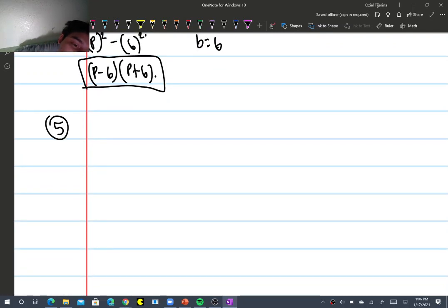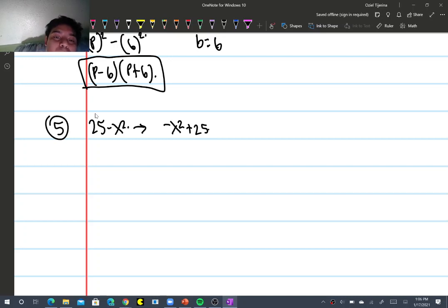Number 5. 25 minus x squared. Now you can actually rewrite this as negative x squared plus 25. And you can factor out a negative.